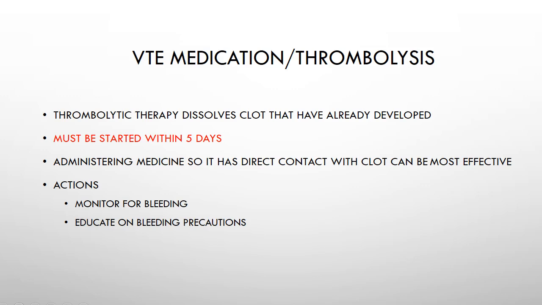I have never given thrombolytics like streptokinase. Most of the time they go to cath lab or endovascular, where they have thrombolytics placed directly onto the clot. The main thing you need to be aware of is to monitor for bleeding and educate on bleeding precautions.